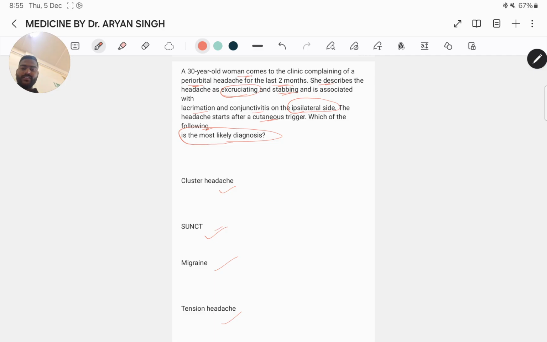तो ये तो बेस्ट आंसर रहता है SUNCT। ये क्या है? शॉर्ट लास्टिंग यूनिलैटरल न्यूरोलॉजिफॉर्म headache. The feature of headache in this patient, the autonomic symptoms, peri-orbital pain and cutaneous trigger suggested a SUNCT. It is the short lasting unilateral neurologiform headache attacks with conjunctival injection and tearing.